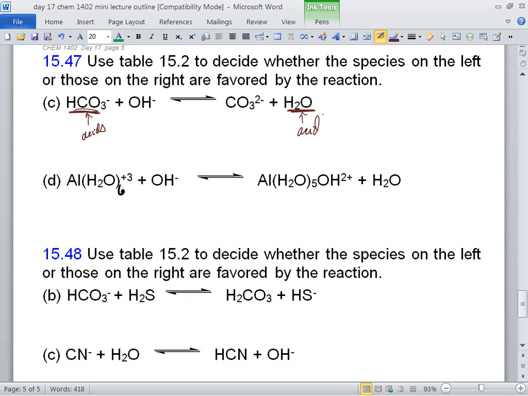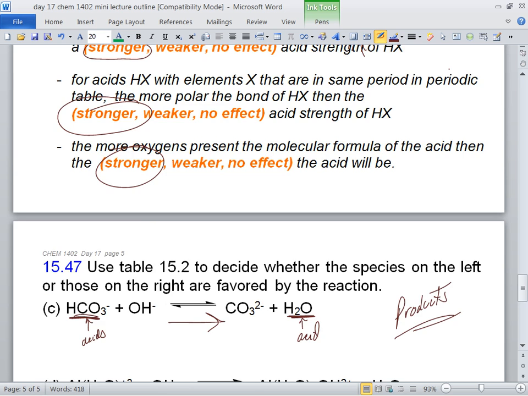So which one's weaker? HCO3 minus is...? So I guess you'd say reactants. Water's weaker? Yeah, water's way at the bottom, isn't it? All right, let's just check here.